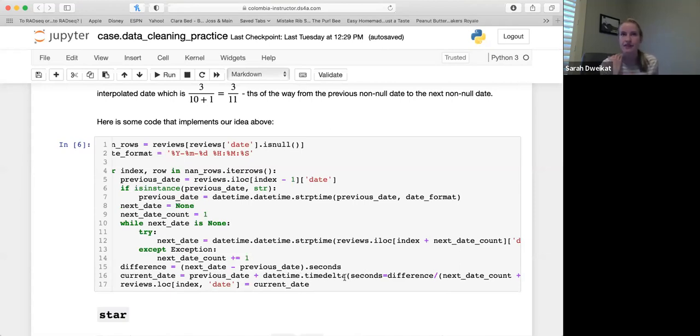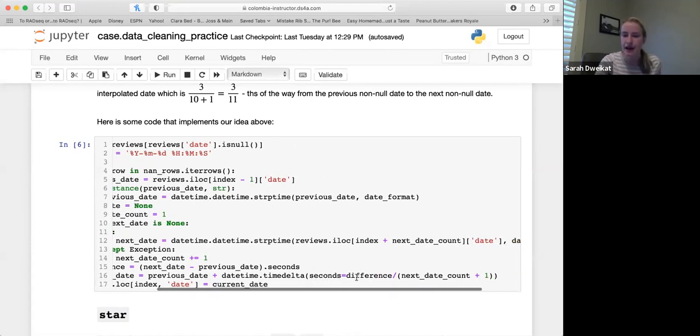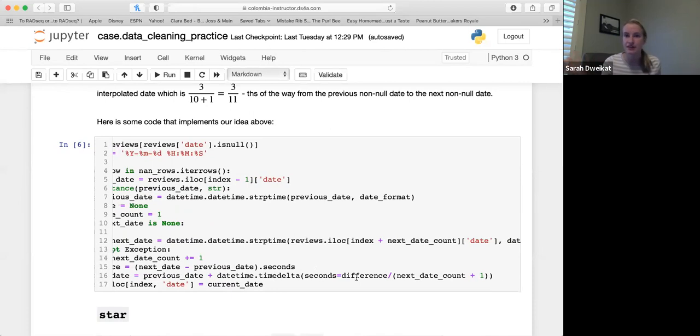That's a function within the date time package, and time delta is just used to calculate changes in time. I guess the name gives that away. The delta sign is also used as the difference sign. So this is just the function used to calculate changes in time.